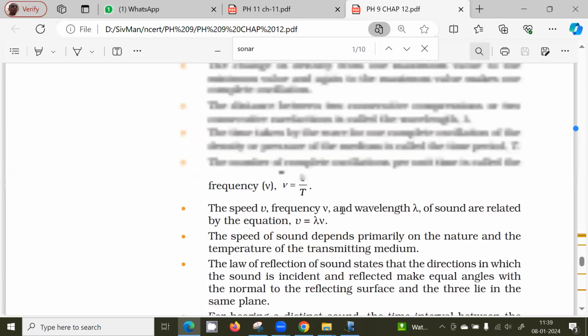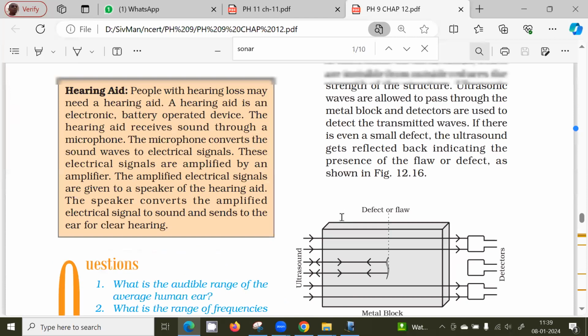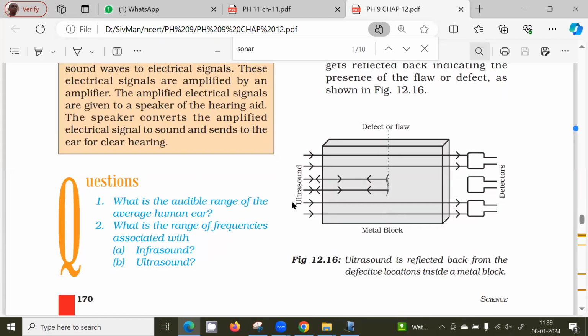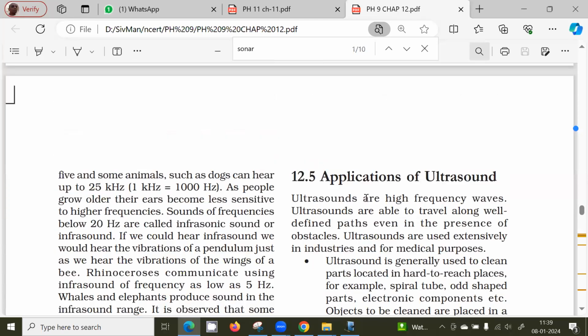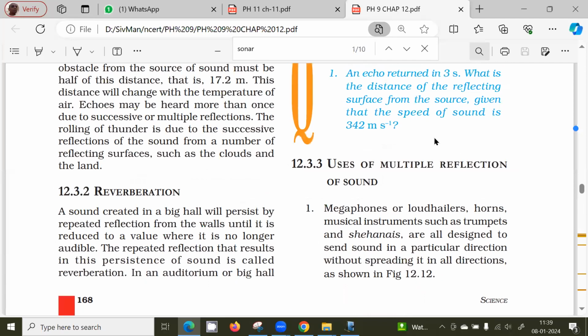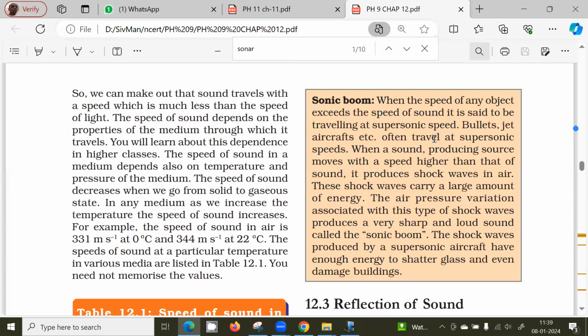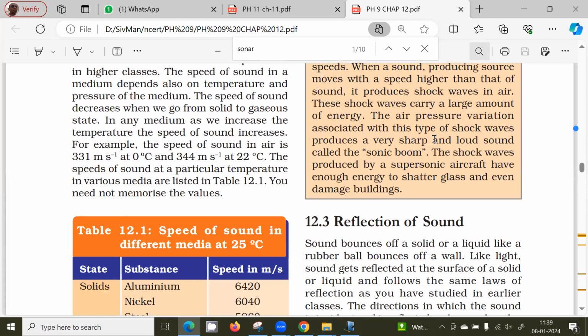Suppose there's a metal and there's a crack or fracture inside; I can find that fracture. This particular application is called sonar. Or I can say sonar is basically a reflection of sound, where the sound source is ultra frequency or ultrasound.